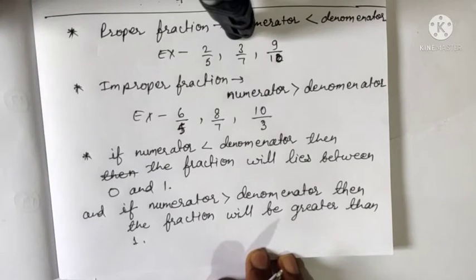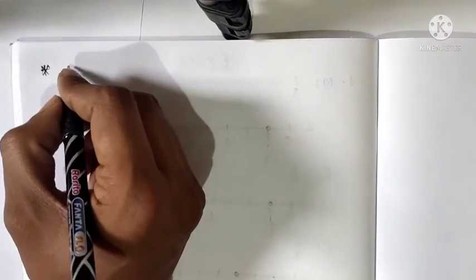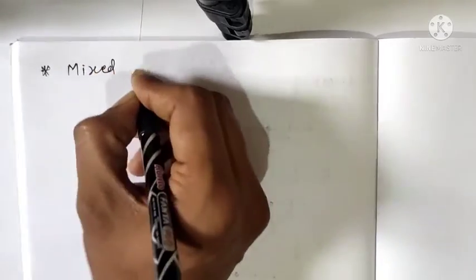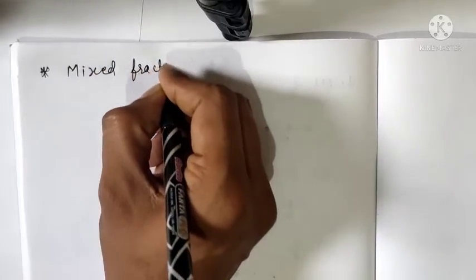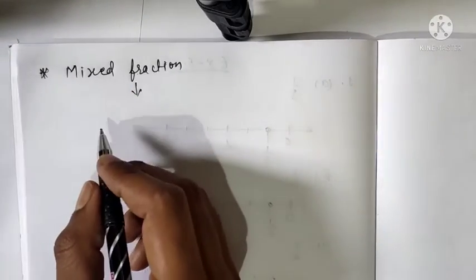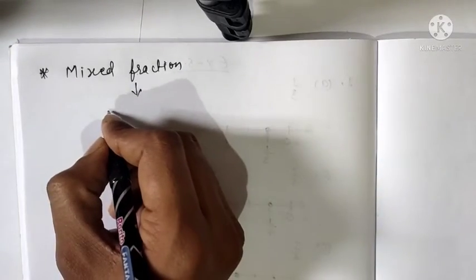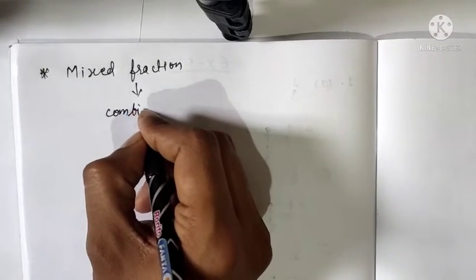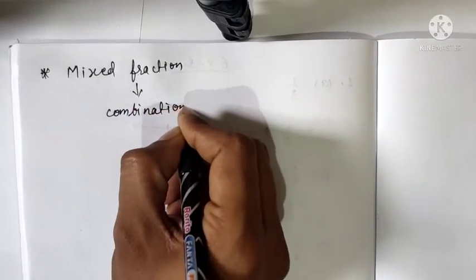Now for exercise 5.4, all you need to know is what a mixed fraction is. Actually, a mixed fraction is a fraction which is the combination of a whole number and a proper fraction.